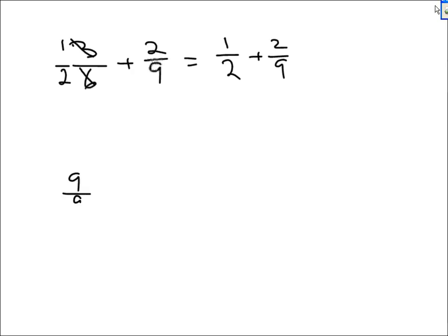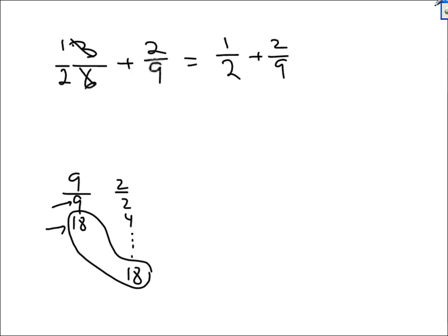On the 9 table, you have 9, 18. I'll stop there, because the 2 table has every even number and no odd numbers. 9 is odd, 18 is even. Eventually, on the 2 times table, you'll hit 18. Every even number is on the 2 table.